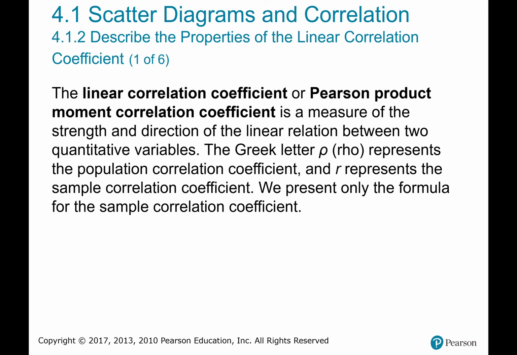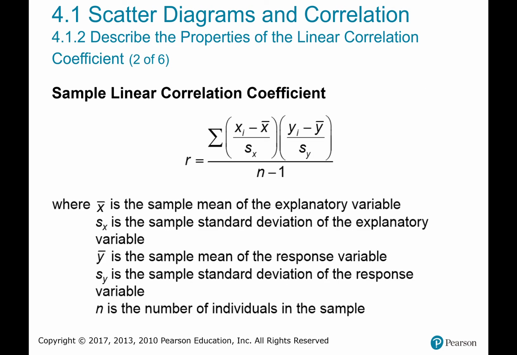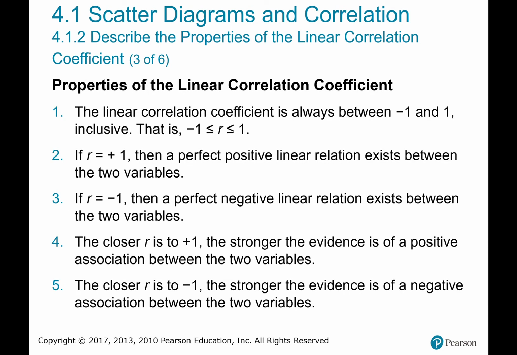We present only the formula for the sample correlation coefficient, so we'll use a calculator to do this. This is how you would solve it normally. You're going to use the sum of each individual x minus the mean over the standard deviation of x. And it's a lot of calculations and things like that. Since you're going to use a calculator, you probably won't have to worry about this.